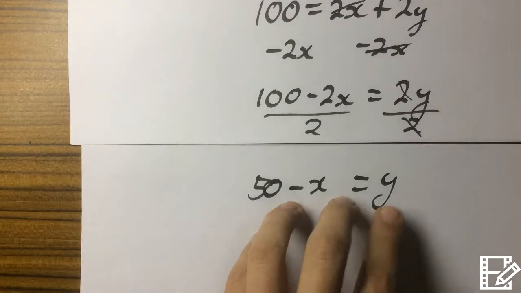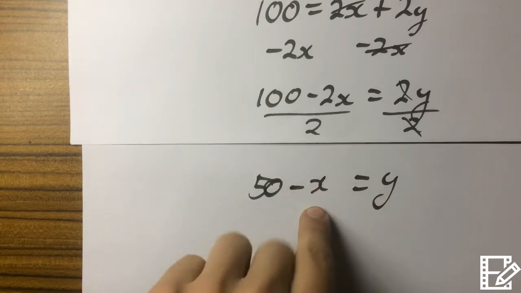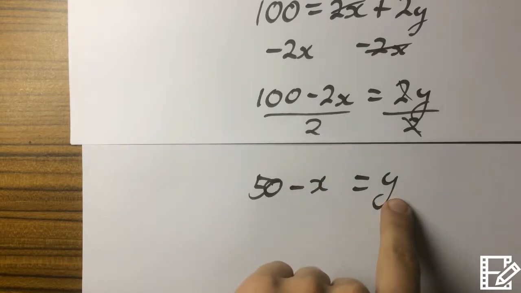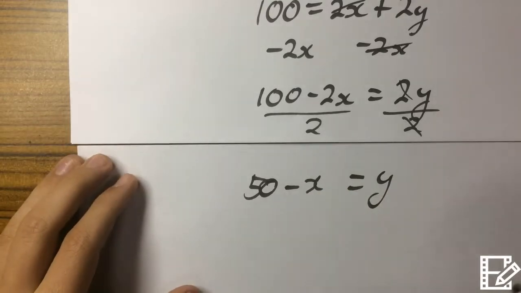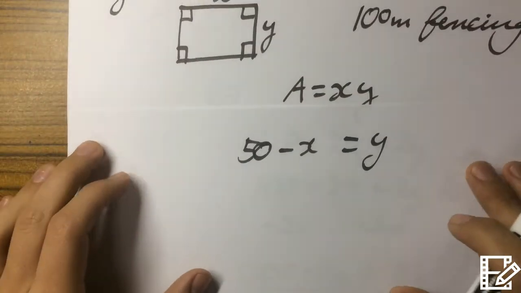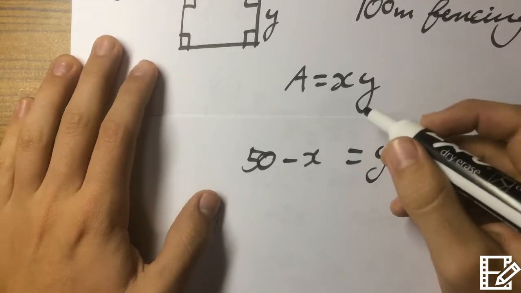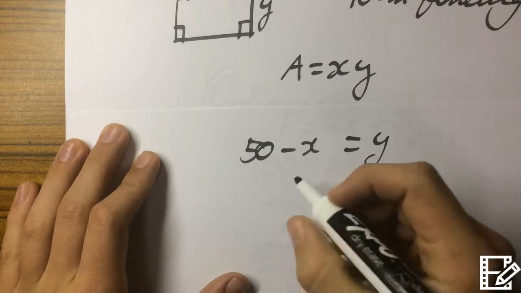And now we have a formula of y that uses x. Okay, so if we have a look up here, y is on its own, and here y is on its own. Well, not necessarily on its own, but you get the idea.